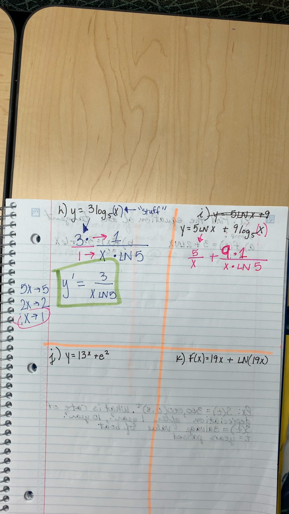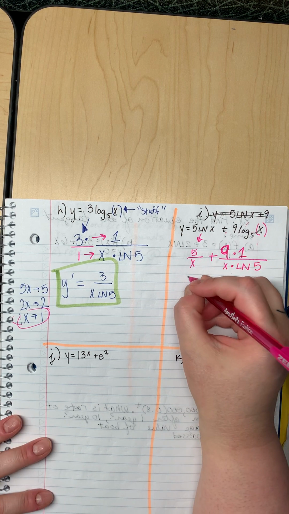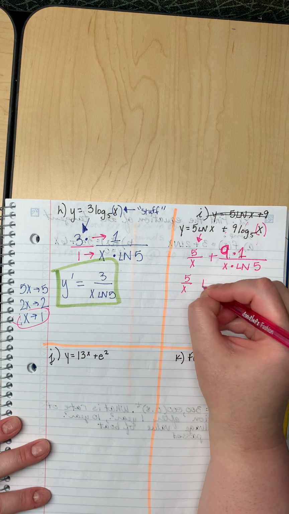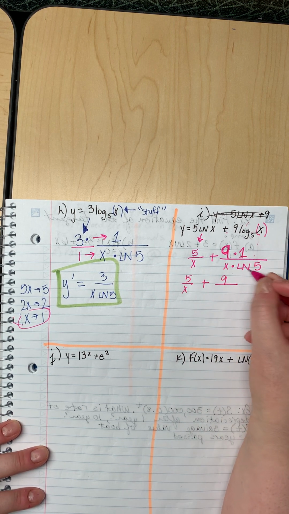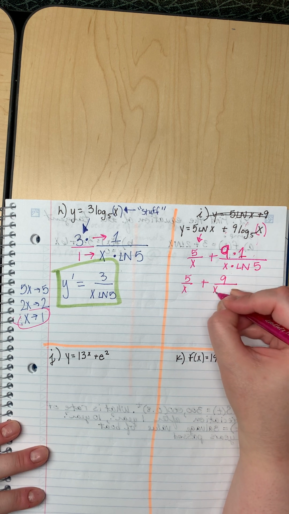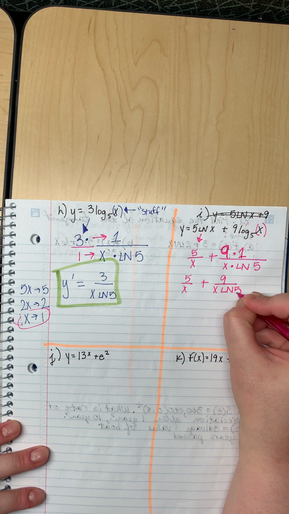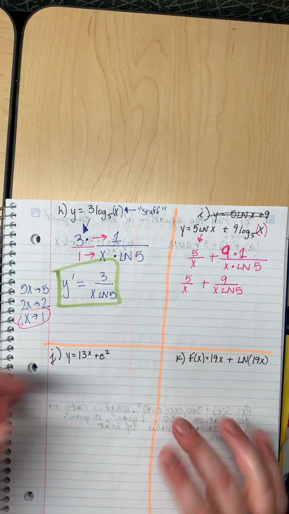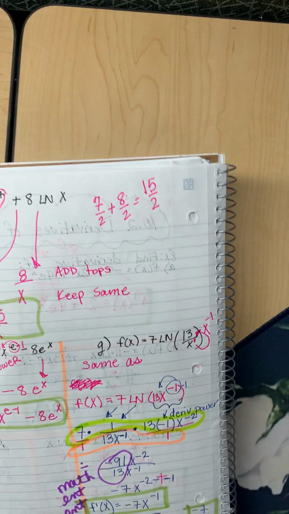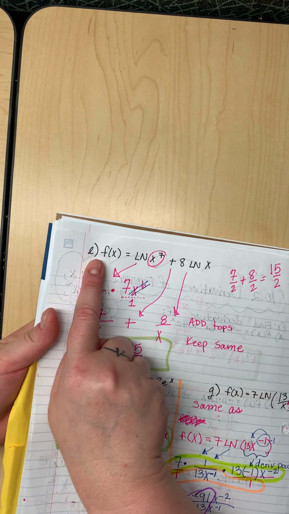Okay, so let's clean this up. We're going to have 5 over x plus 9 times 1 over x times ln 5, which is just x ln 5. And then you might be thinking, oh, okay, well, let's add this 5 and 9 because we did that on this example, e.